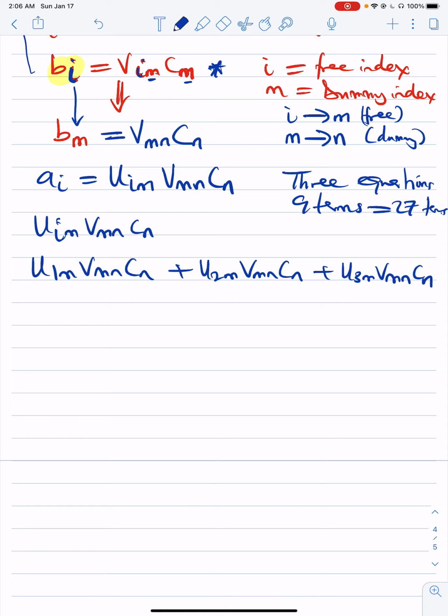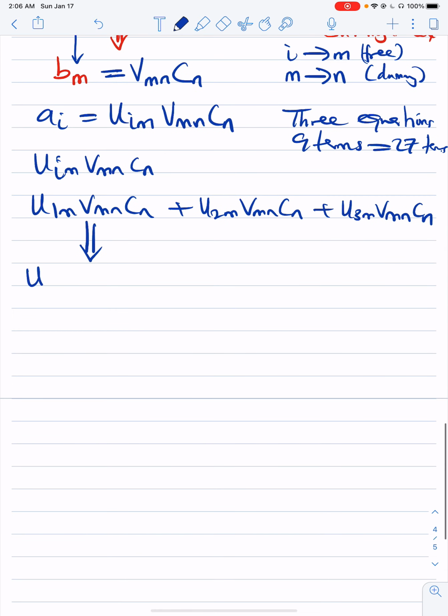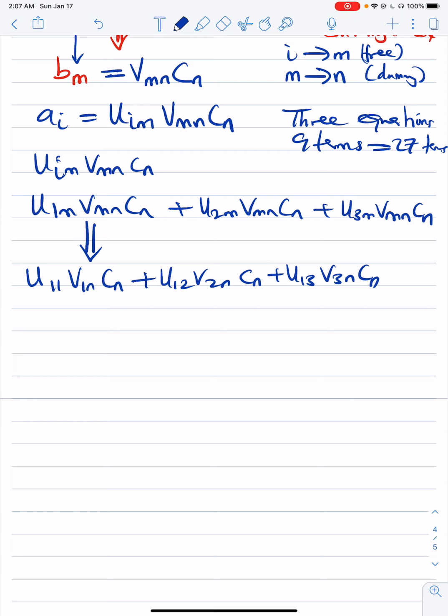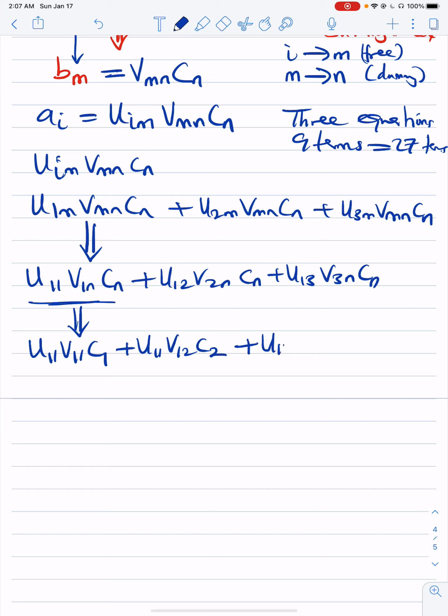Right, now if we take one of these terms and expand it, it becomes U_11 V_1n C_n plus U_12 V_2n C_n plus U_13 V_3n C_n, right? And if you pick one of these terms again and expand further, you get U_11 V_11 C_1 plus U_11 V_12 C_2 plus U_11 V_13 C_3, right?